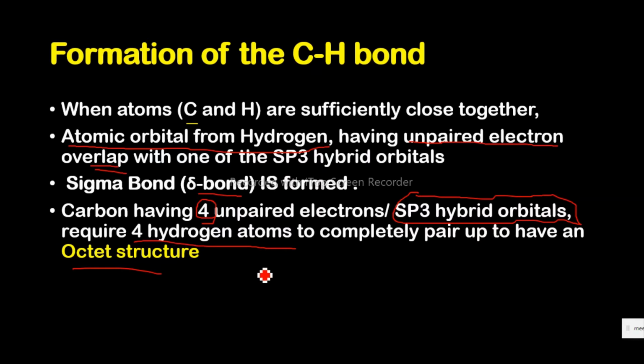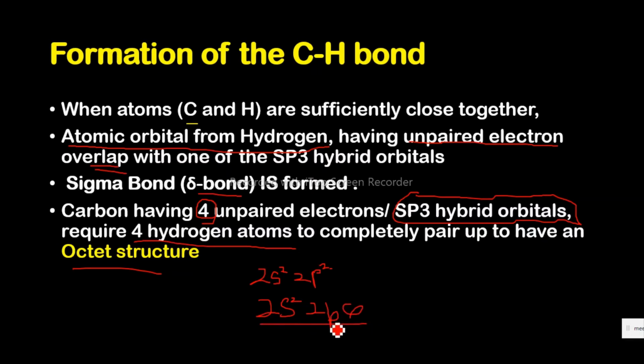Carbon has 2s2 and 2p2. If it pairs with four hydrogen atoms, then the 2s and the 2p are filled up with electrons, and it will become 2s2, 2p6.